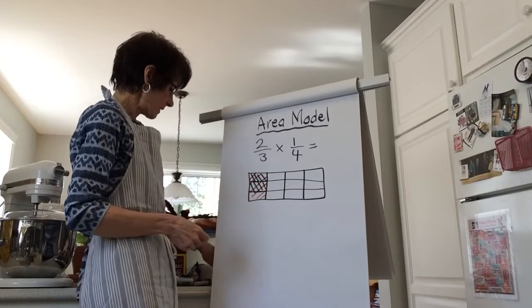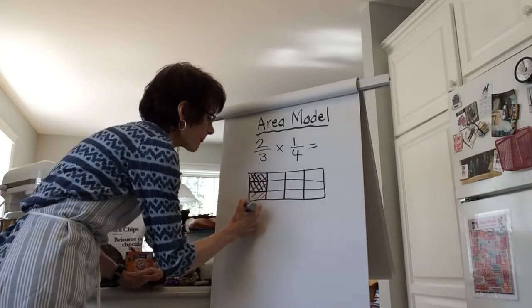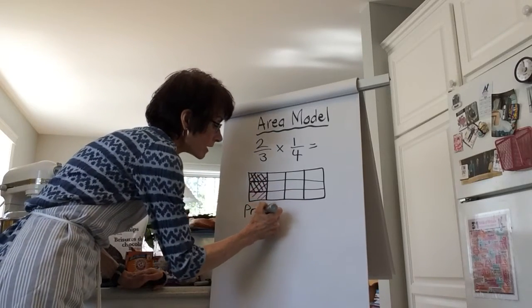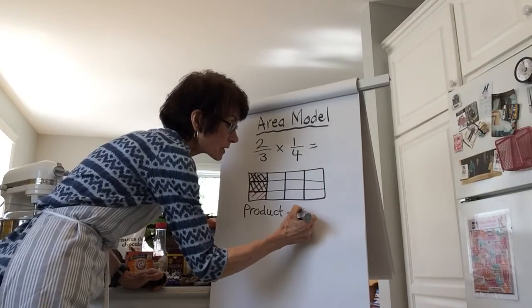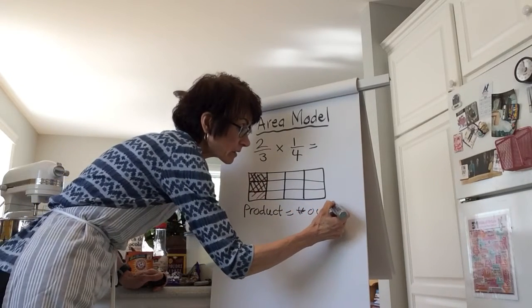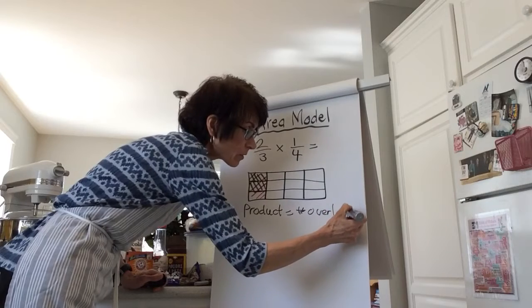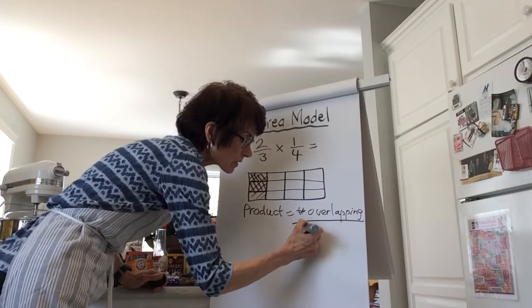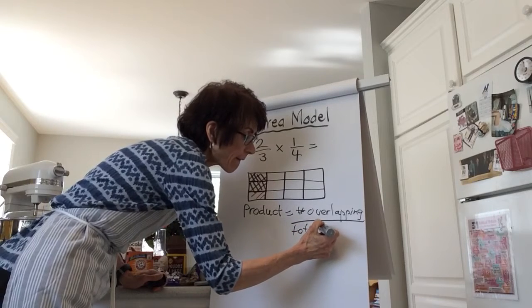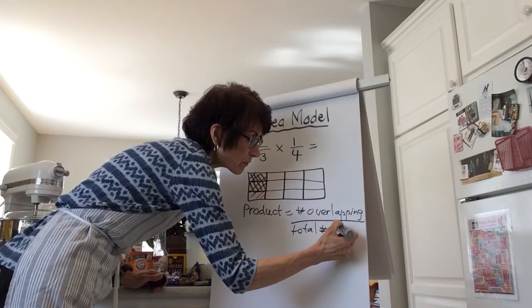All right, so the product of 2/3 of 1/4 is the number of overlapping shaded parts over the total number of parts.